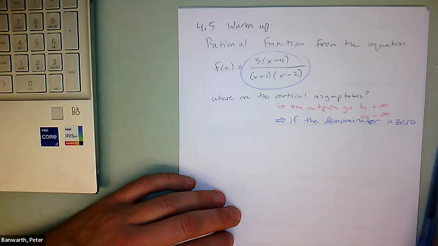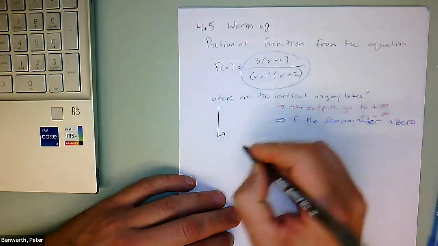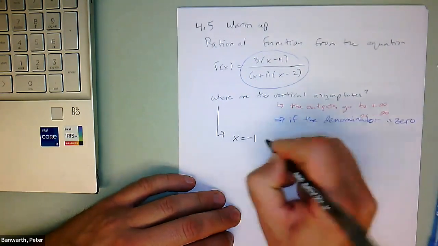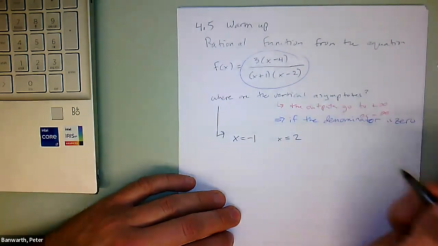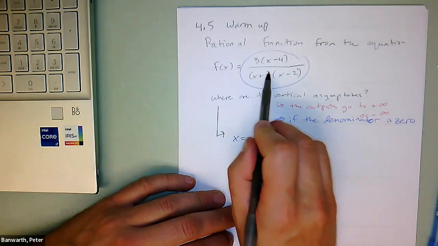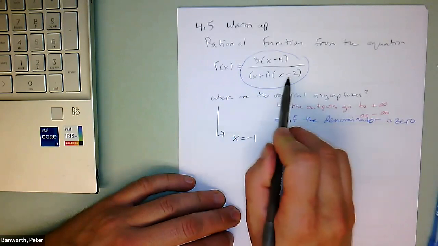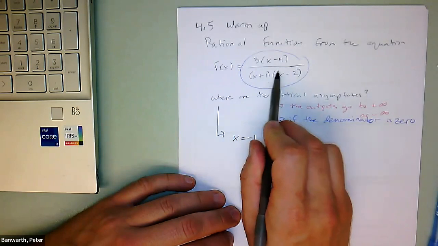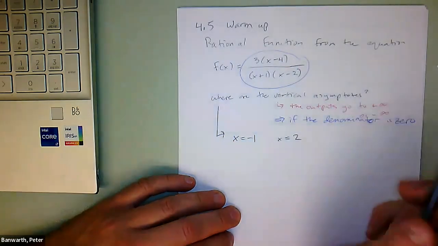So in this case, my vertical asymptotes are at x equals -1 and x equals +2. Because if I put -1 in here, this term equals 0. If I put +2 in here, that term equals 0.